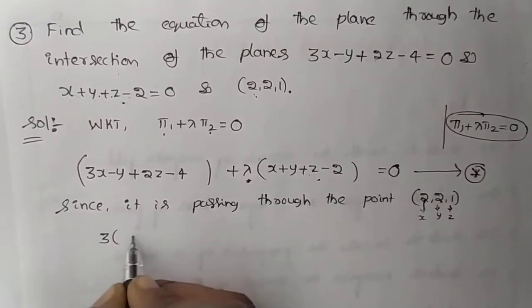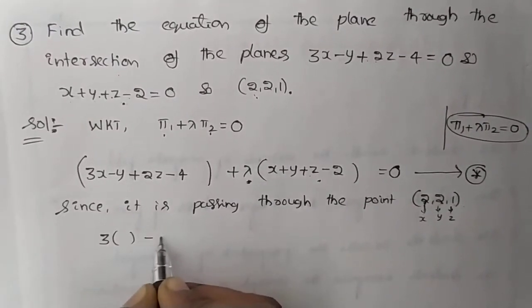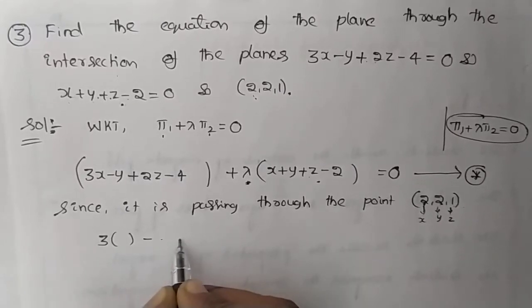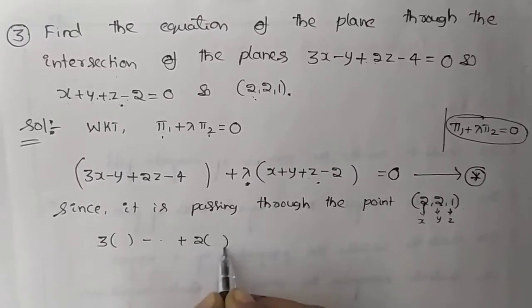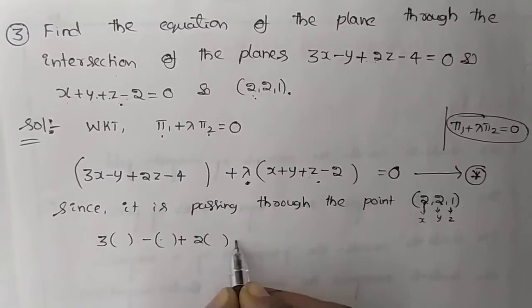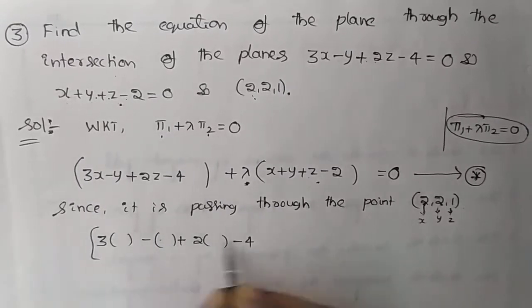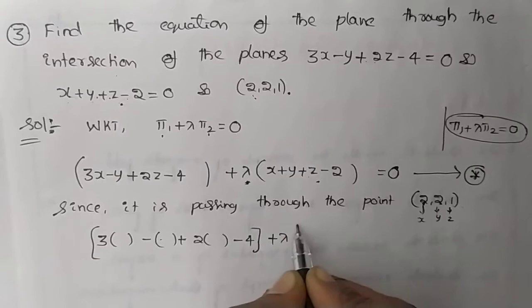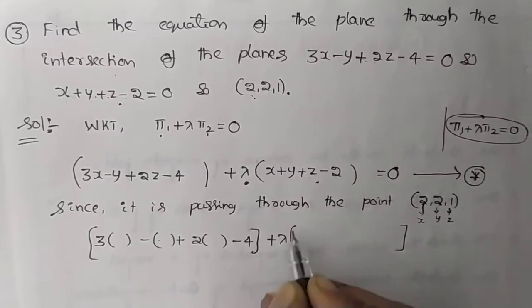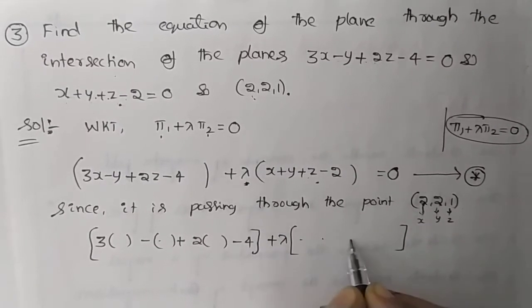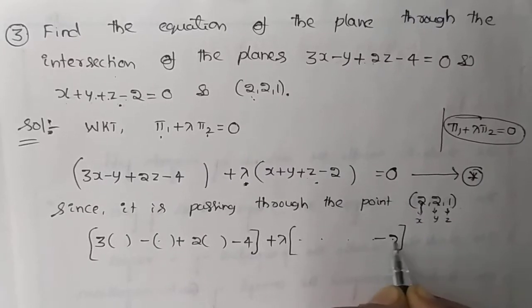3 into x minus y plus 2 into z minus 4 plus lambda into x plus y plus z minus 2 equals 0.